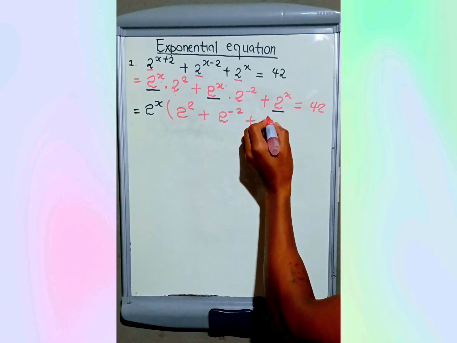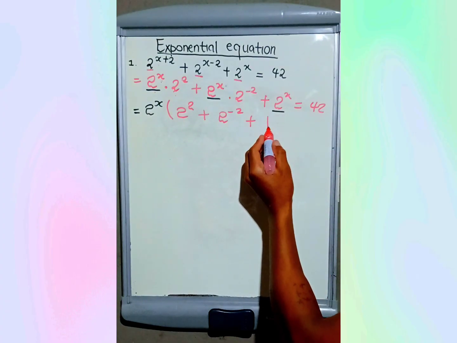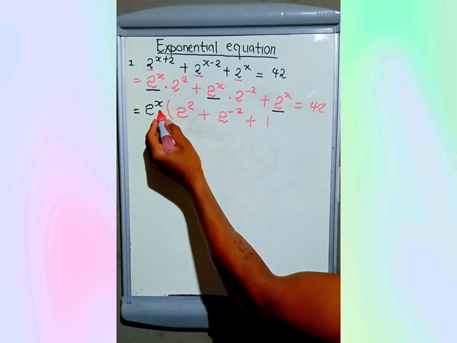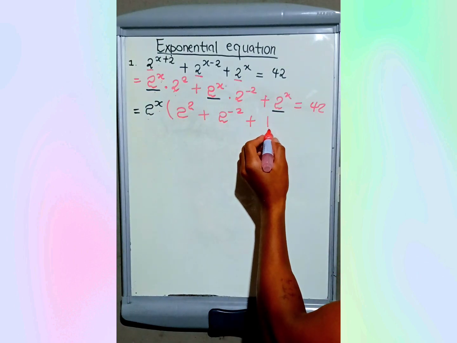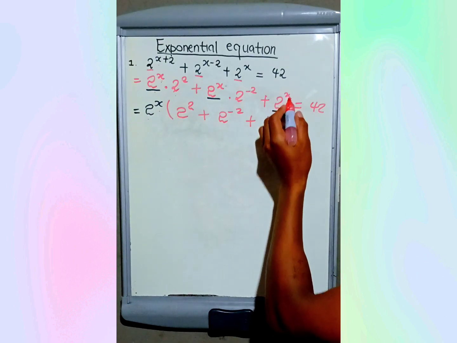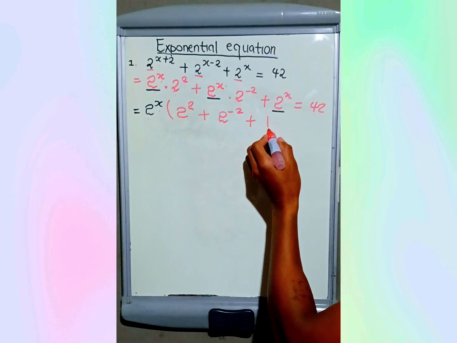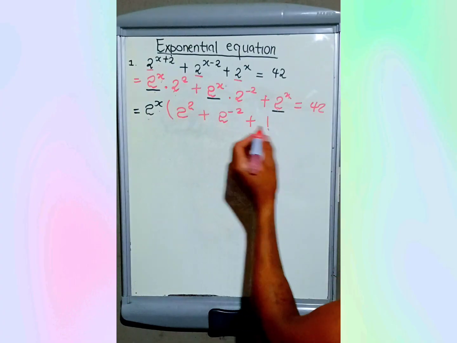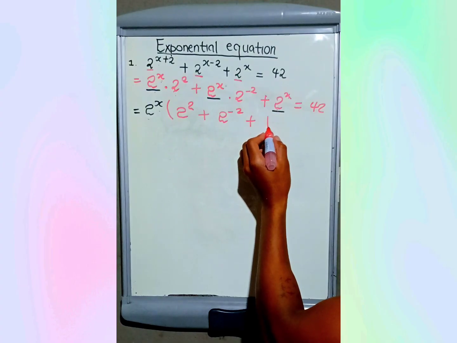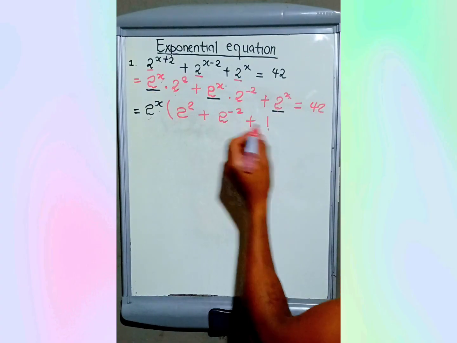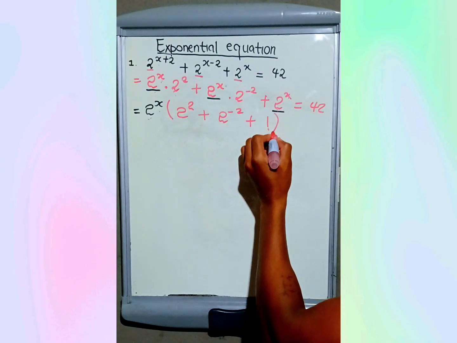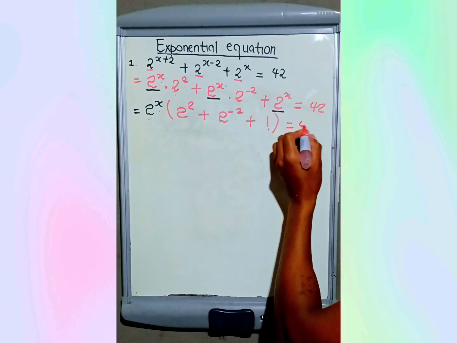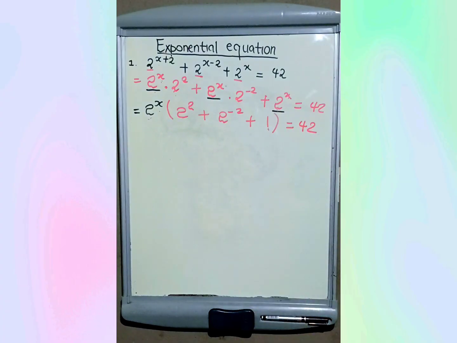That's why here we put 1, because 1 times 2 raised to x gives us 2 raised to x. Then you close your bracket, which equals 42.